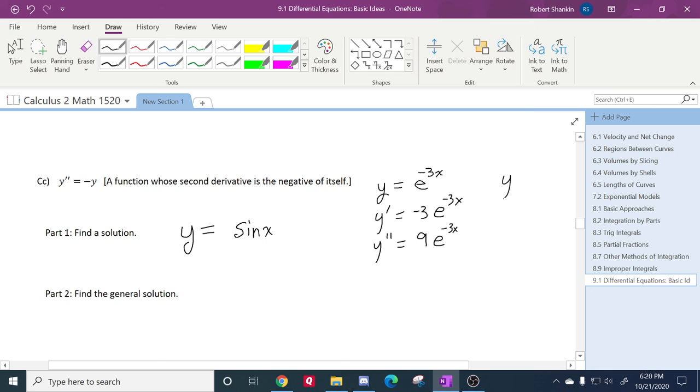Maybe if it was y equals e to the negative x, then y prime would be negative e to the negative x, y prime prime, oh, but a negative times another negative is back to positive. Even with a negative exponent of negative 1, you don't get the negative of itself. It winds up being the same as itself, because that negative gets multiplied in there twice. So you need something not like this or this.